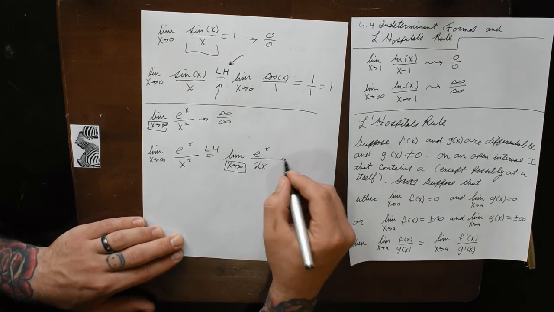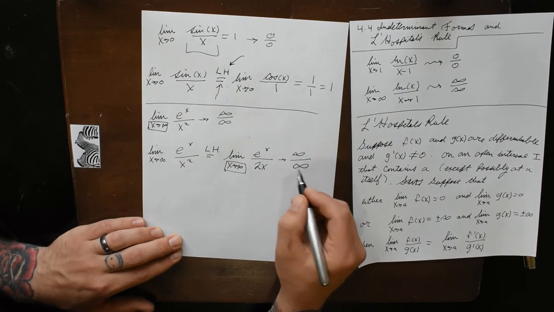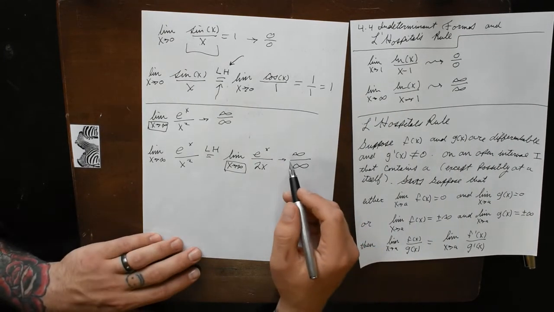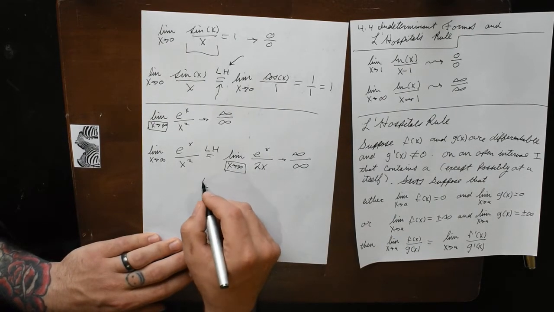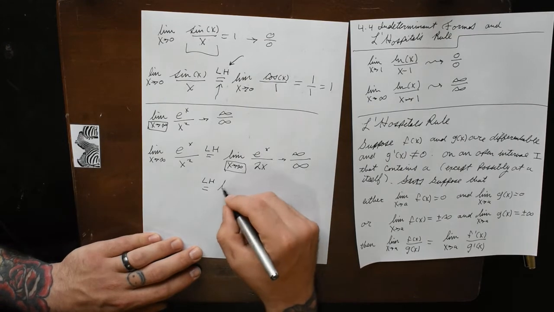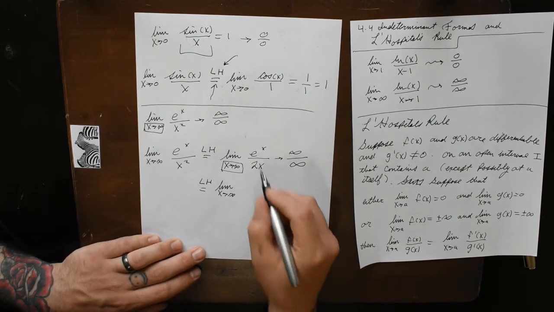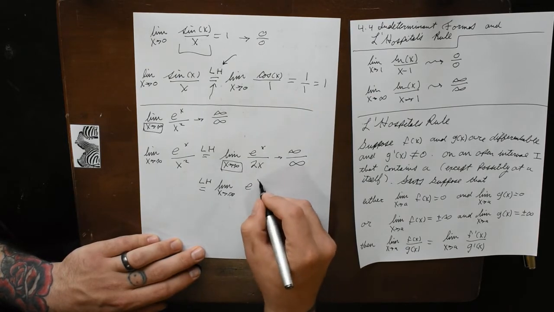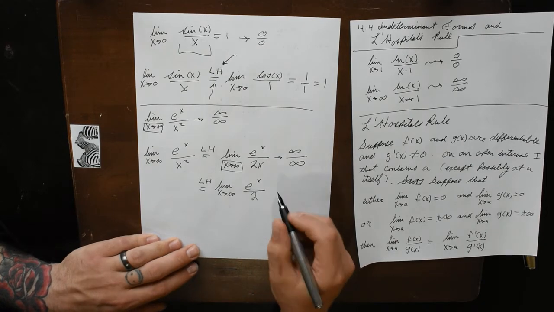Well, our numerator goes to positive infinity and our denominator still goes to positive infinity, which is fine. We can just apply L'Hopital's rule again. So this is equal to, by L'Hopital's rule, the limit as x goes off to infinity, the derivative of e to the x is e to the x, divided by the derivative of 2x, which is just 2.